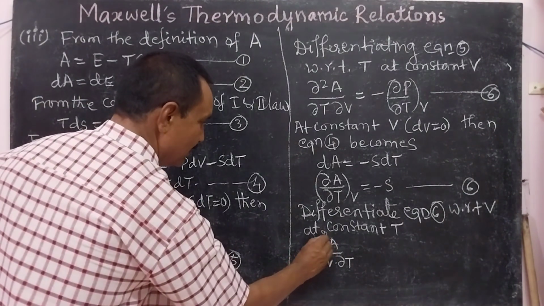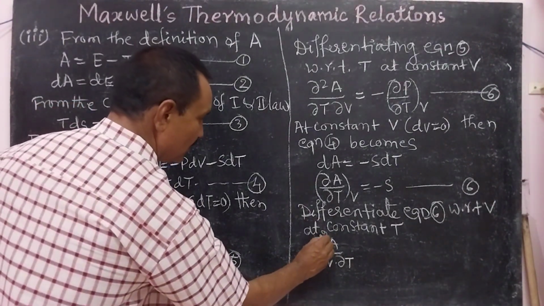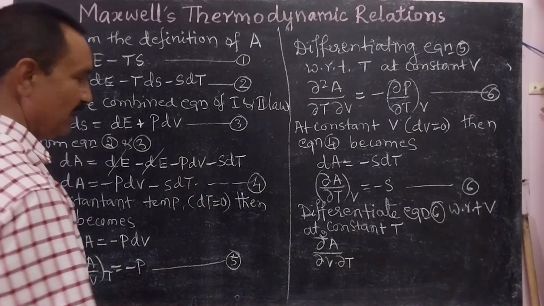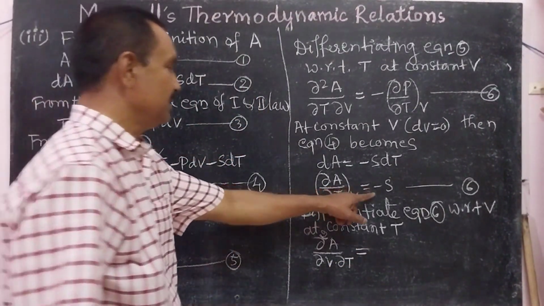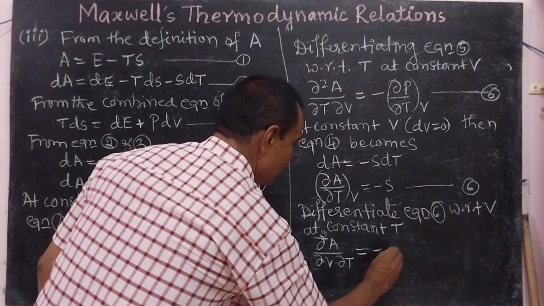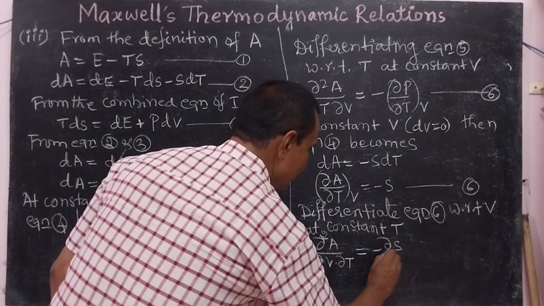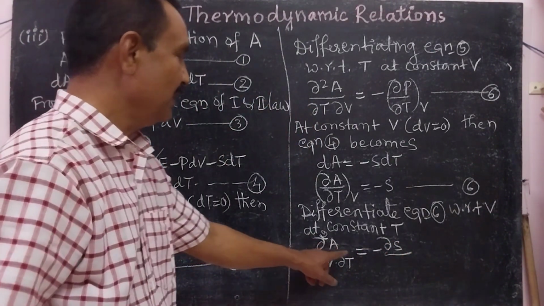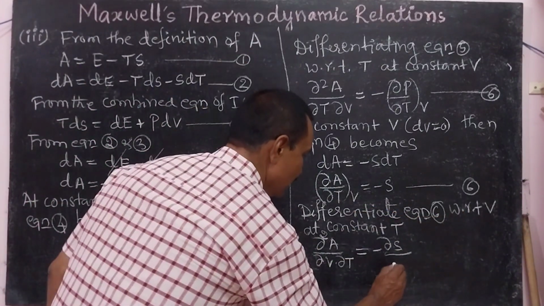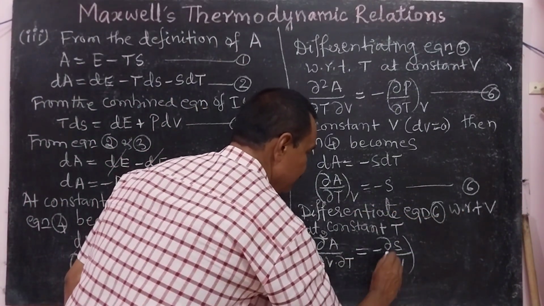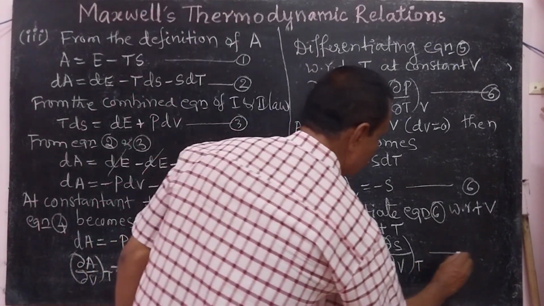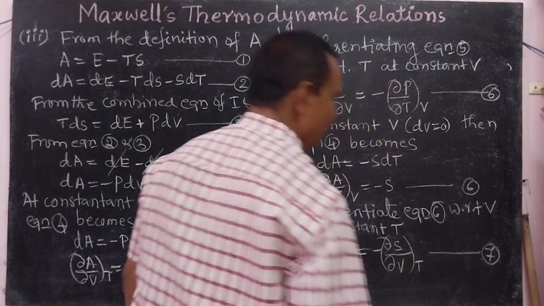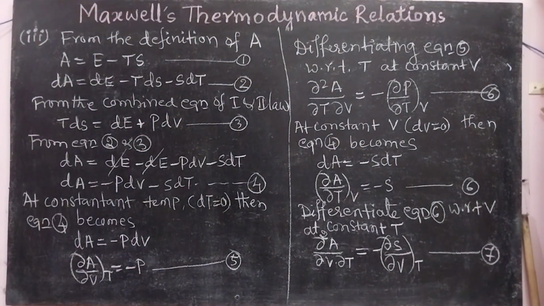Okay, this is ∂² A by ∂T ∂V. This is equal to, we are differentiating this S, that is minus ∂S with respect to V, which means ∂P, at constant temperature. Suppose this is equation 7.